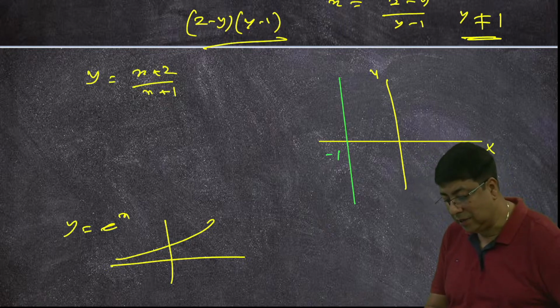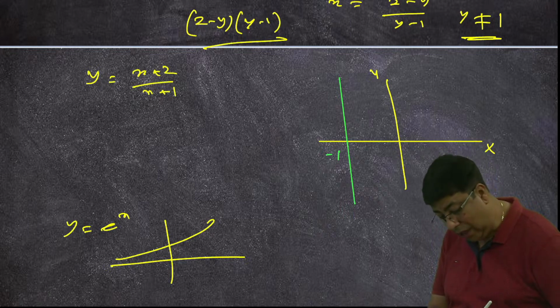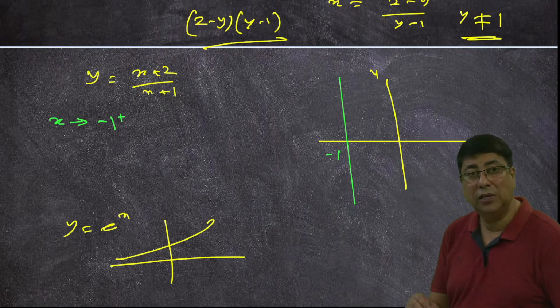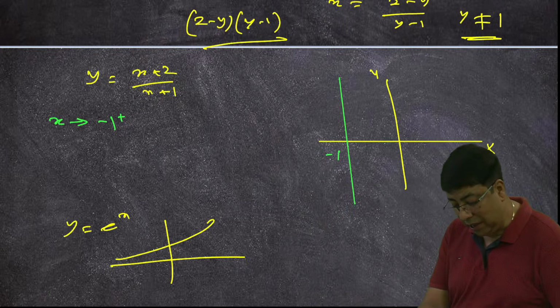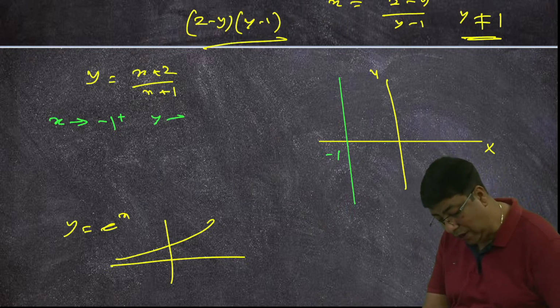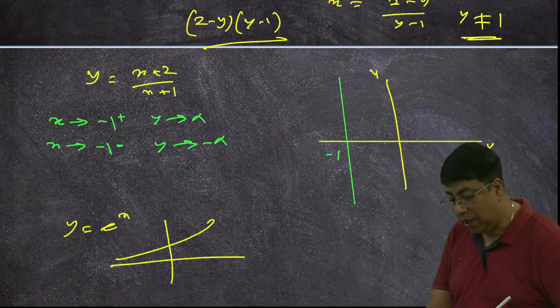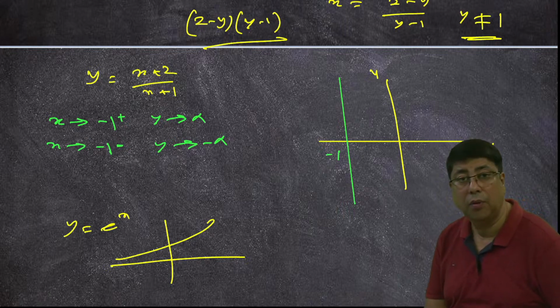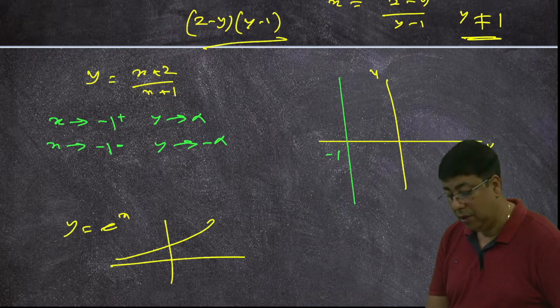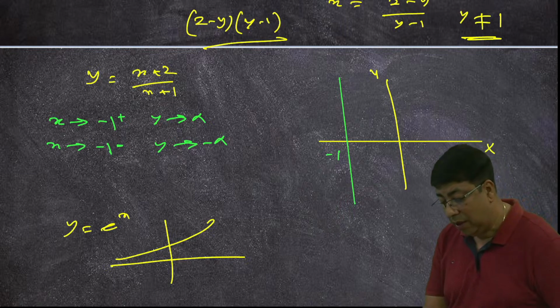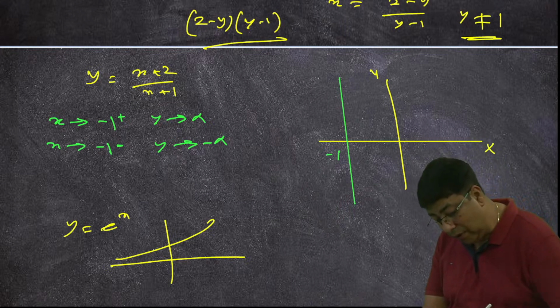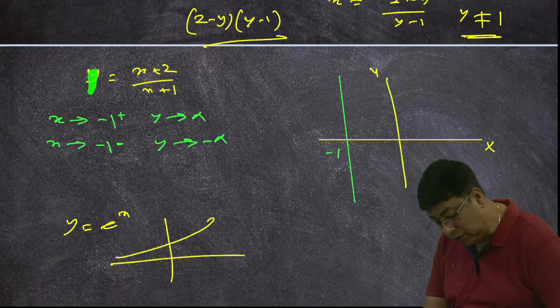Let us analyze this. Just understand: x tends to minus 1 from the right, slightly more than minus 1, and y tends to infinity. As x tends to minus 1 from the left, y tends to minus infinity. And if y is 1, x will not exist.